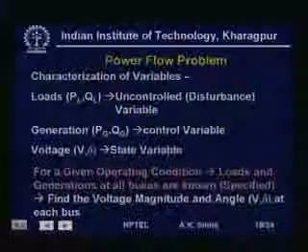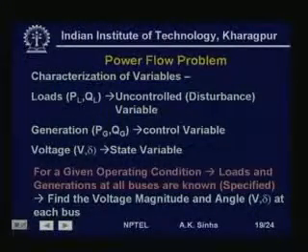Now, what is the power flow problem? The power flow problem is, for a given operating condition, that is loads and generation at all the buses, we have to find out the voltage magnitude and angle at each bus. That is, given the disturbance variables and the control variables, if these are specified, find out what the state variables are.